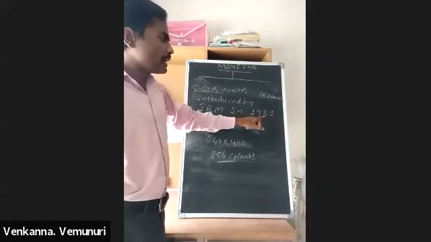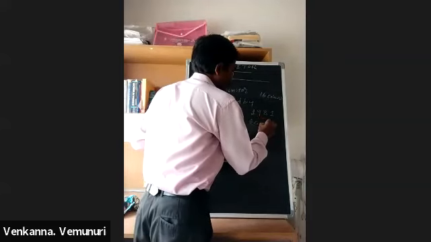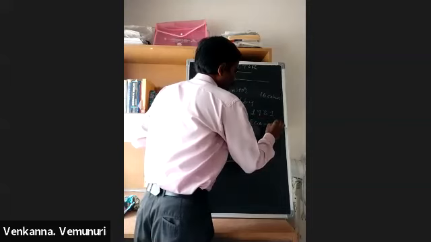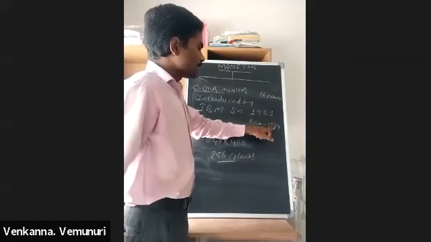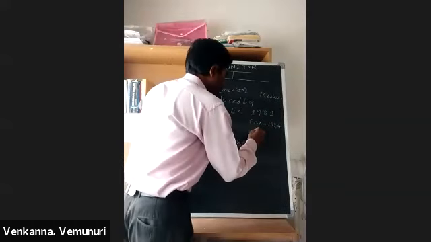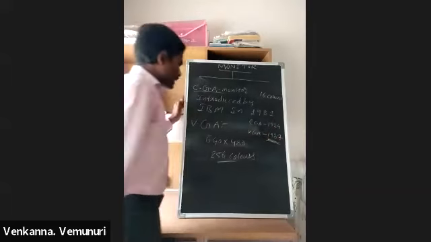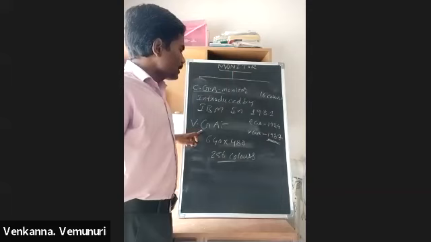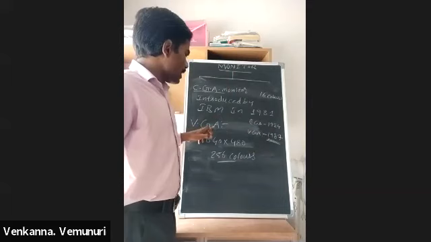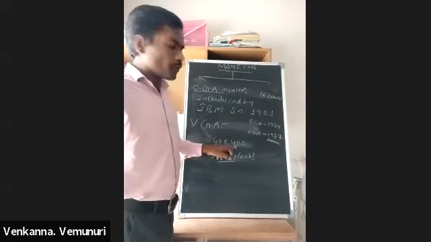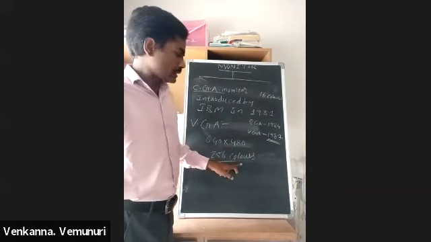CGA is 1981, EGA is 1984, and this VGA is 1987. This monitor resolution is 640 by 480, and it supports up to 256 colors.